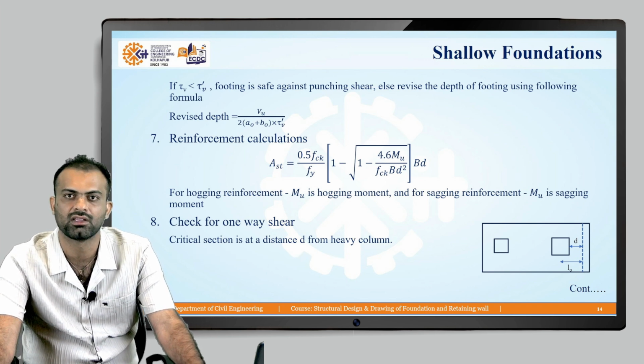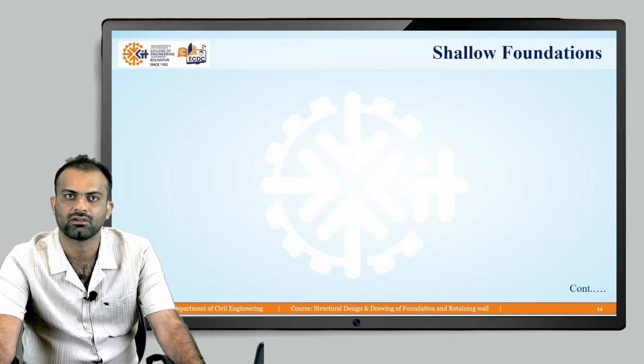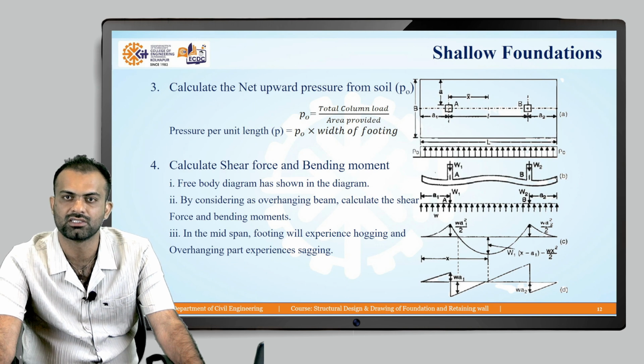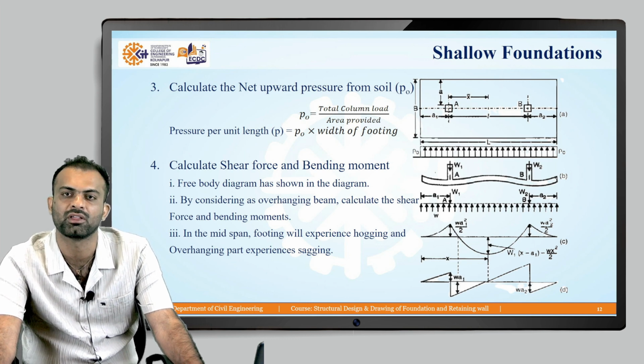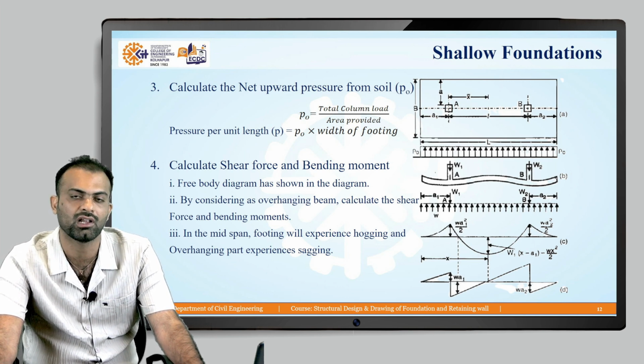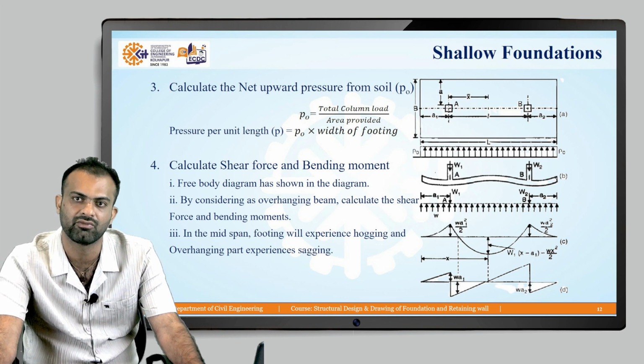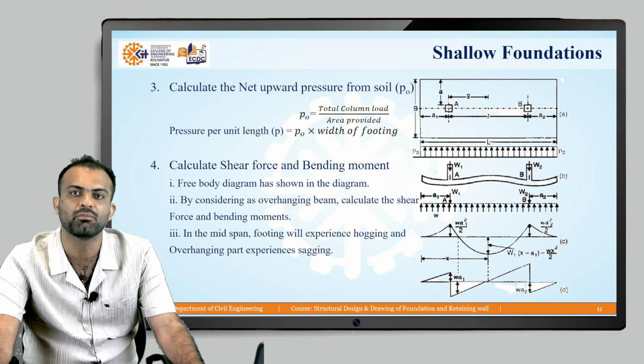If you look at this diagram, this value is the shear force just left of the column, and this is the shear force just right of the column. Why do we need to consider the shear force just right of the column? Because the critical section is on the right side of the column. So we need to consider the shear force just right of the column, not just left of the column, because the critical section for one-way shear is on the right side of this particular column.